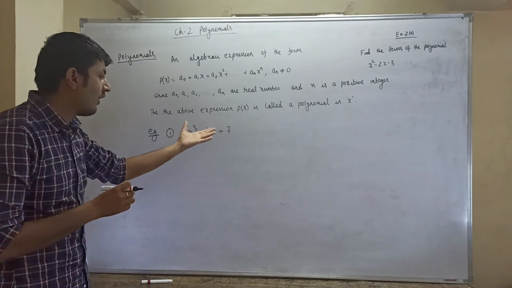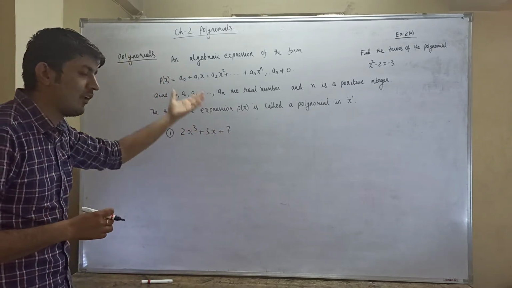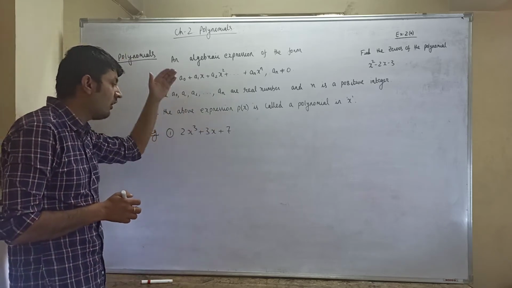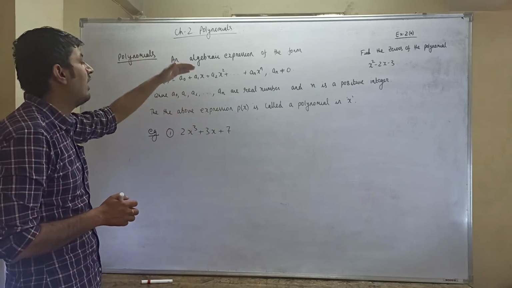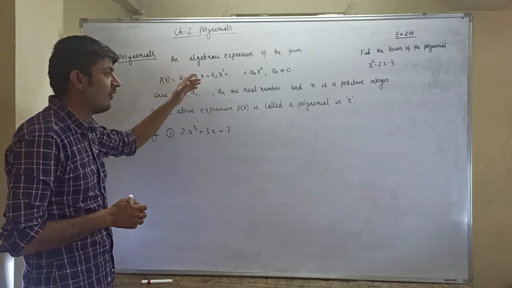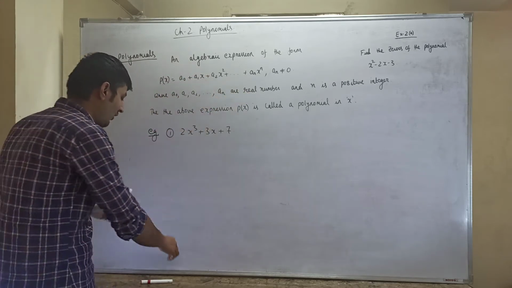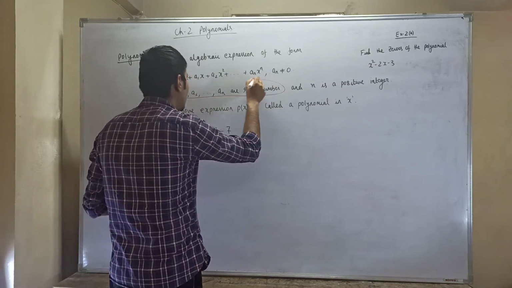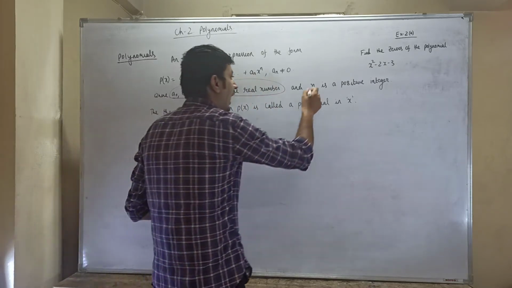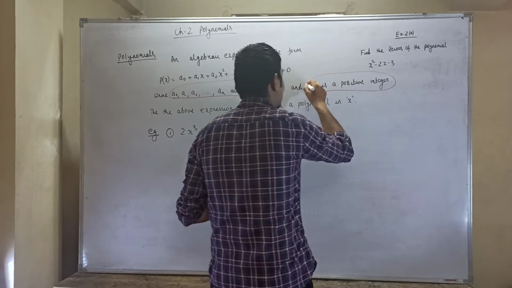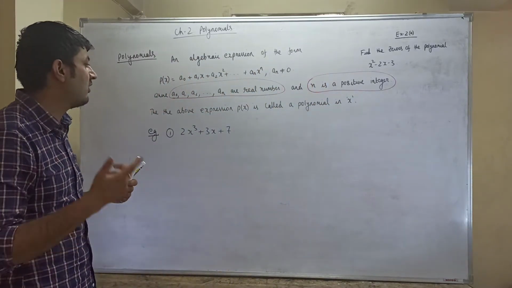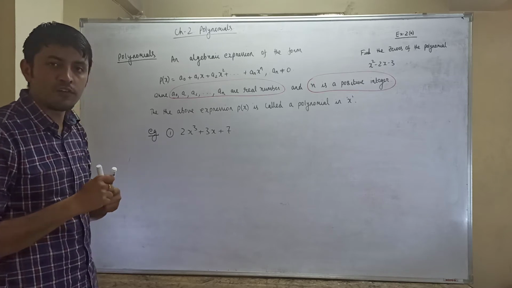If it has to be a polynomial, it has to satisfy these conditions: the coefficients must be real numbers and the power must be a positive integer.